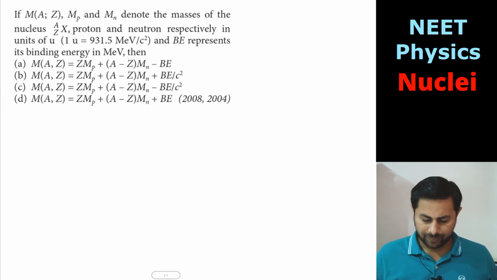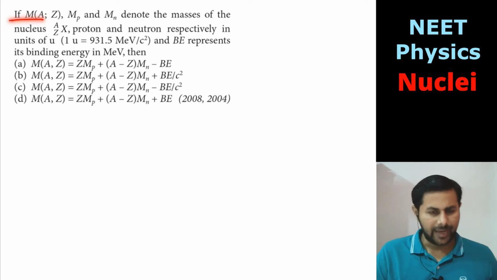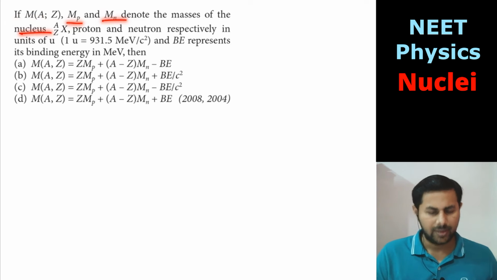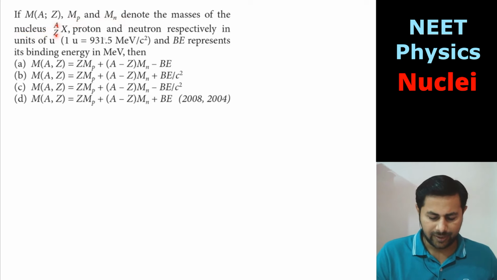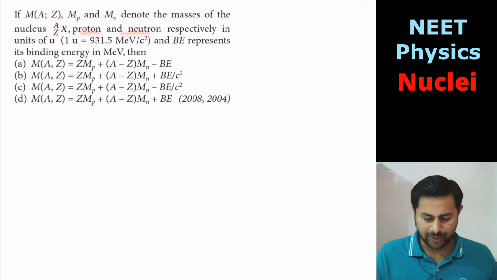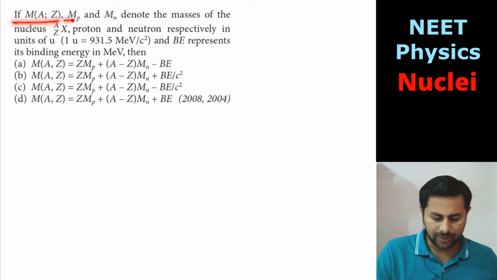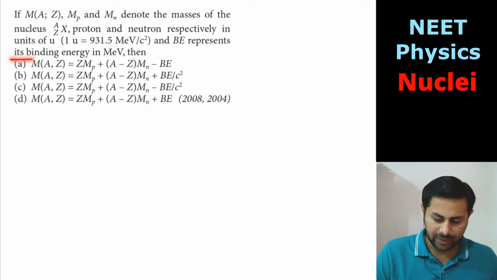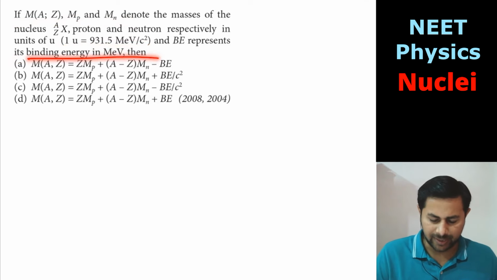Let's see next one. If M, A Z, Mp and Mn denote the masses of nucleus X, Z, A, proton, neutron respectively. So this is mass of nucleus, this is mass of proton, this is mass of neutron in units of U, and binding energy B represents its binding energy in mega electron volt, then tell me which one is correct.